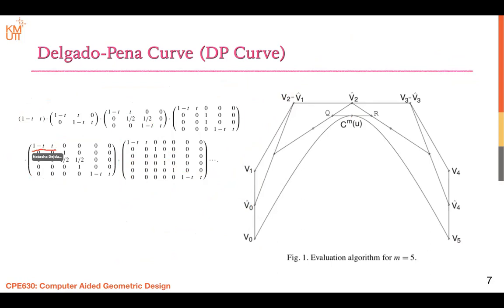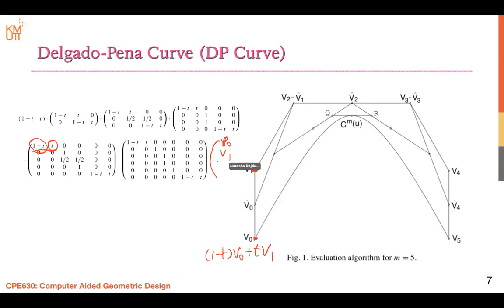Considering this 1 minus t, t, this will be multiplied by V0 and V1. V0 is here, V1 is here. Linear interpolation, (1 minus t) V0 plus t V1 is from this one and this one, because this will be multiplied by V0, V1, right?